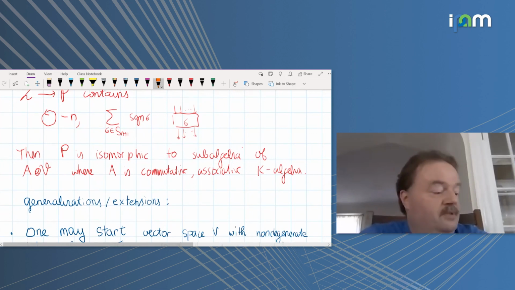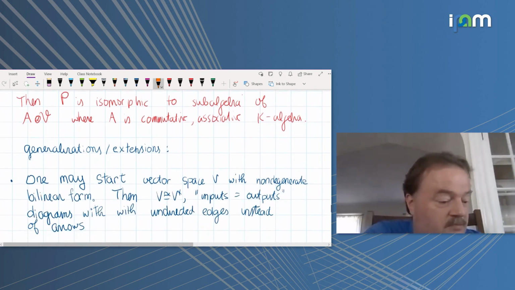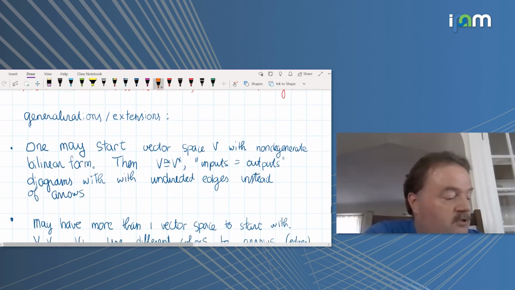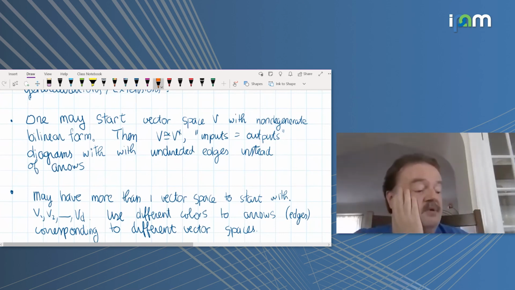Now, it also has specific applications, although I don't have enough time in my talk to talk about this. But first of all, maybe I say a couple of things here. One generalization, which for many people here might be very natural to do, is to identify V with its dual.